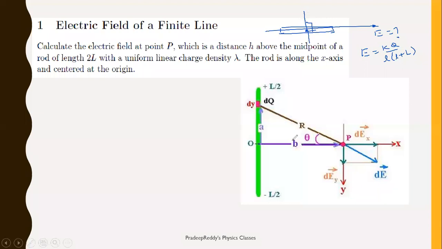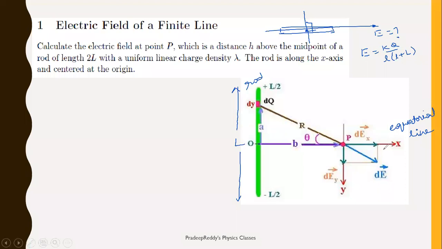This is a rod with total length L, and from the center, if you draw one perpendicular line, that becomes the equatorial line. I want to now find the electric field due to this rod on the equatorial line.